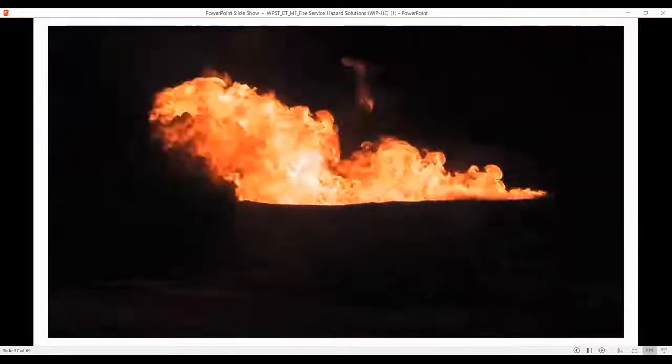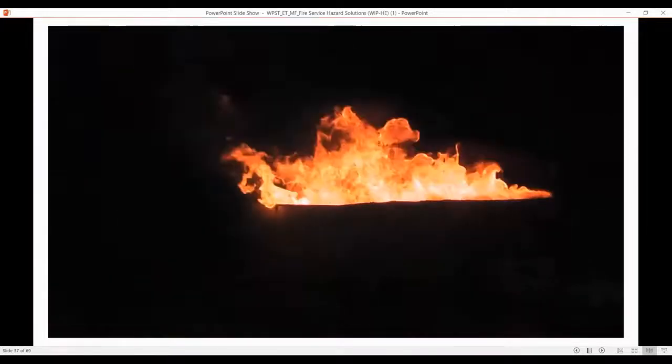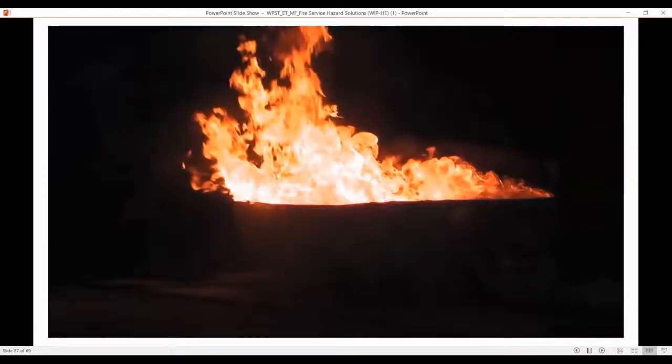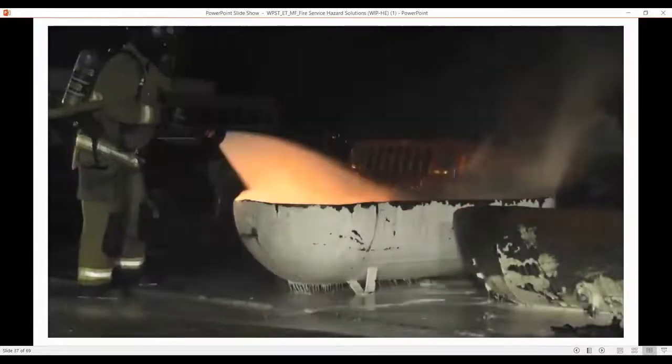What we're trying to do is encapsulate the gases so that fuel is vaporizing, and it's those flammable vapors that are actually burning. We're going to be encapsulating those vapors, removing that fuel source while we're cooling the steel, taking that auto ignition, taking that ignition source away from the fuel.